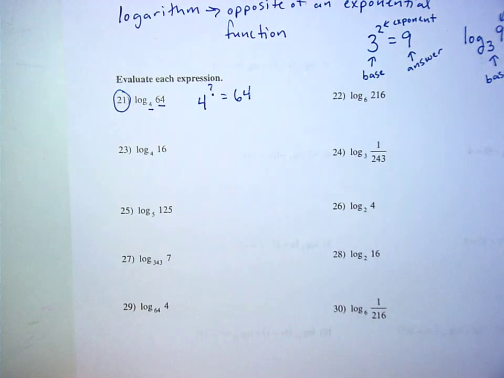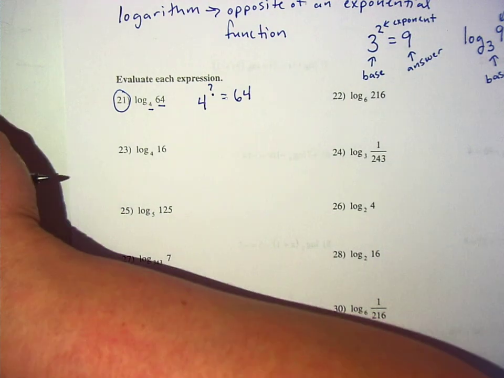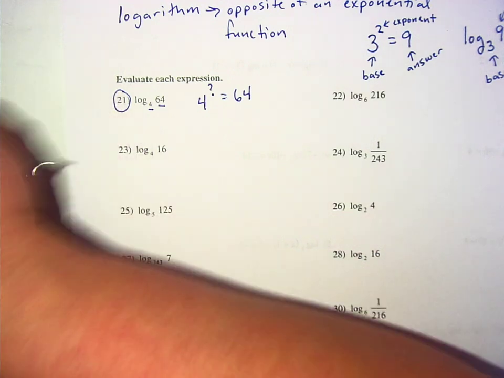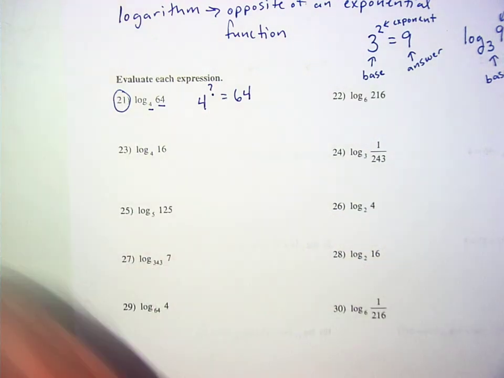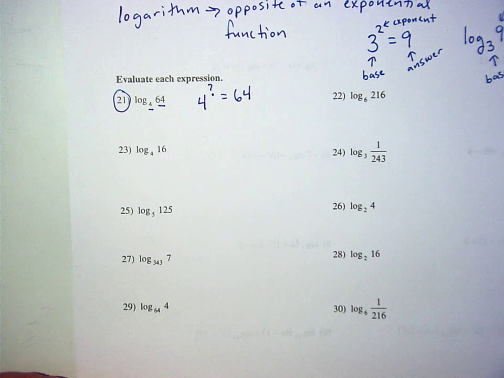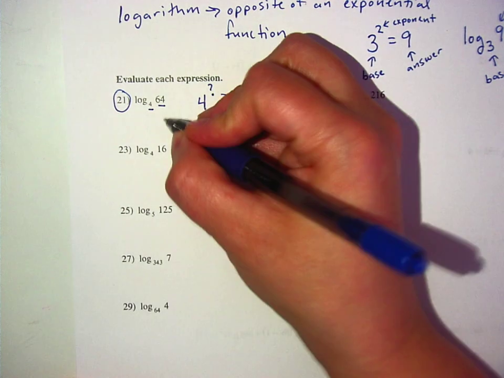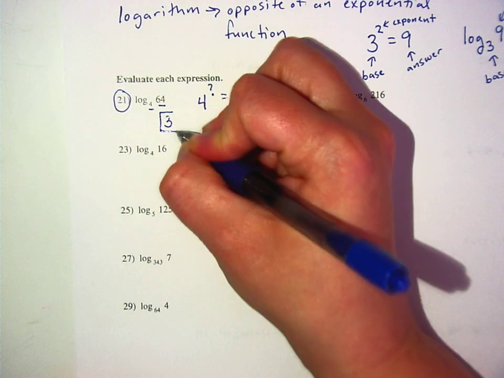What they're looking for right now is the exponent. Can anybody think of that answer? 4 to the what equals 64? Is it 4 to the 4 or 4 to the 3? 4 to the third power. Everybody try it in their calculator, right? 4 caret 3. 4 to the third power is 64. So the answer to this one is 3.